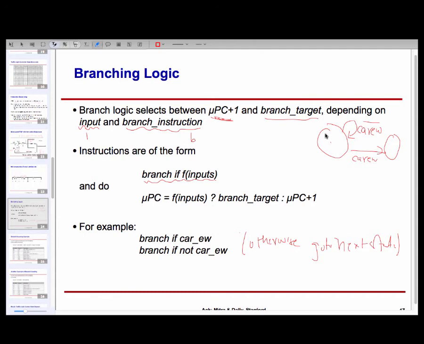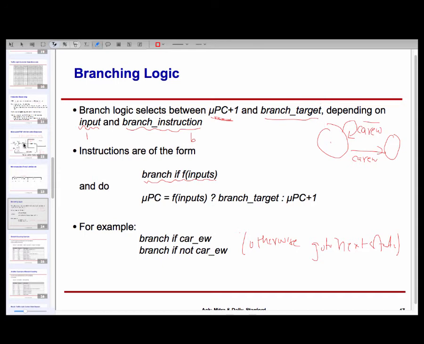Next state would be the current state plus car east west. Why do you say that? Okay, fair enough. Next state is car east west plus 1. Okay, but I cannot implement it that way, right?